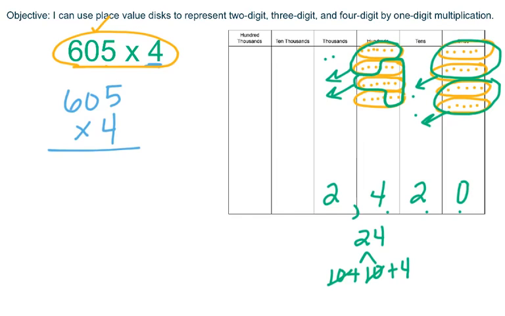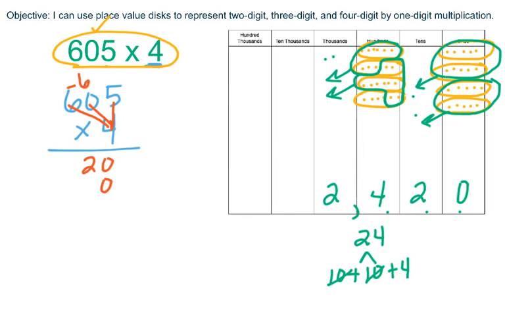So again, we're using partial products here, which means we're breaking these numbers apart, and then we'll end up adding them together in the end. My first thought's going to be 4 times 5 ones is 20. 4 times 0, well, there's nothing there, and if I have anything times 0, it's 0. And then I take 4 times, not just a 6, think about what place value that's in.